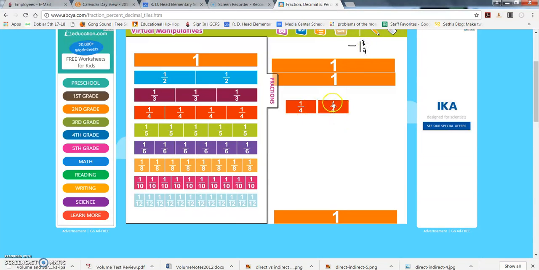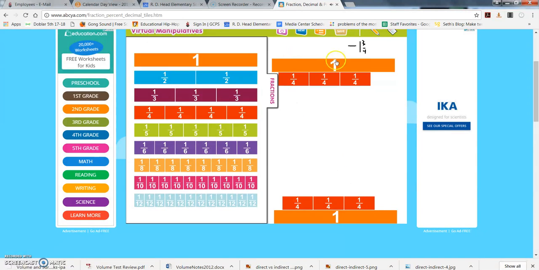I don't have 3/4 to take away. So what I did is I regrouped this into 4/4. So now I still have the same amount, but I have 3/4 I can take away. 1, 2, 3, and I'm left with 1 3/4.